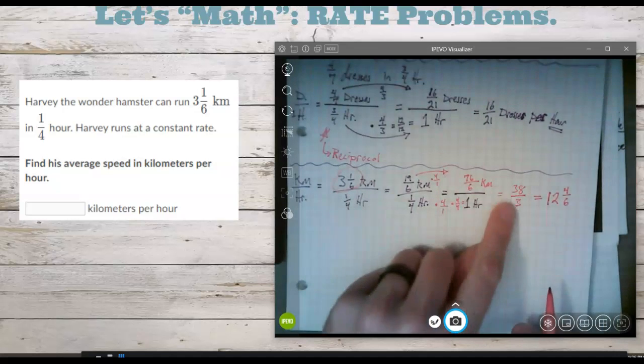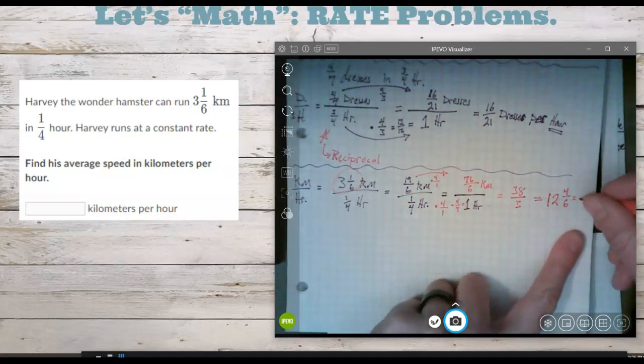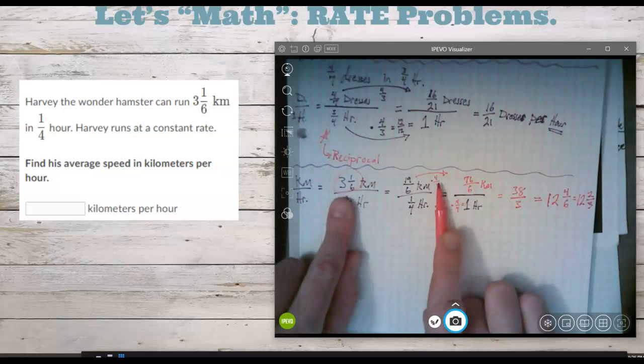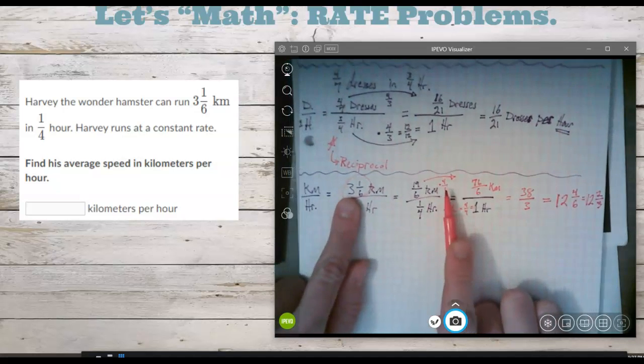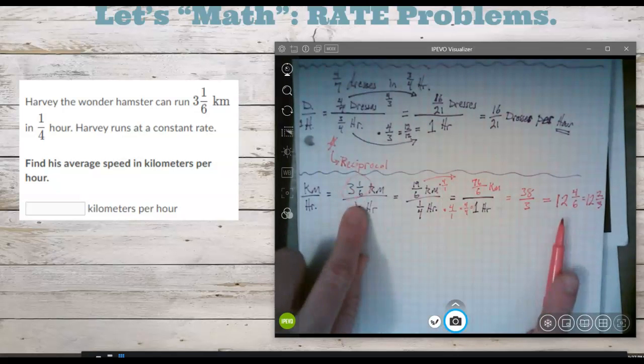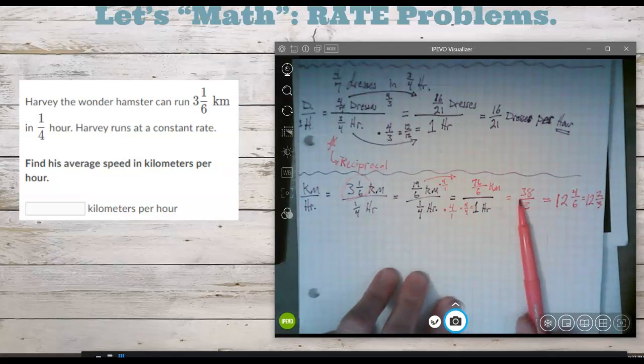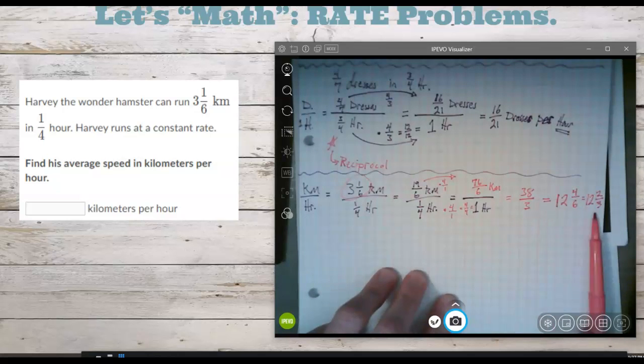So guys, this will actually reduce to 12 and 2/3. And we could get there by breaking up the multiplication from the beginning: 3 times 4 is 12, 1/6 times 4 is 4/6, and then we can reduce it from there. If we reduce 38/3, it's going to come out to be 12 and 2/3.